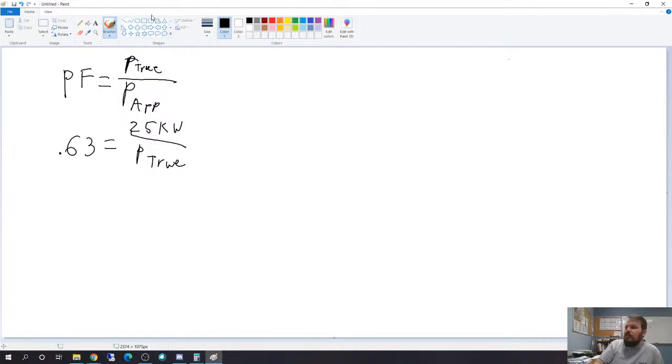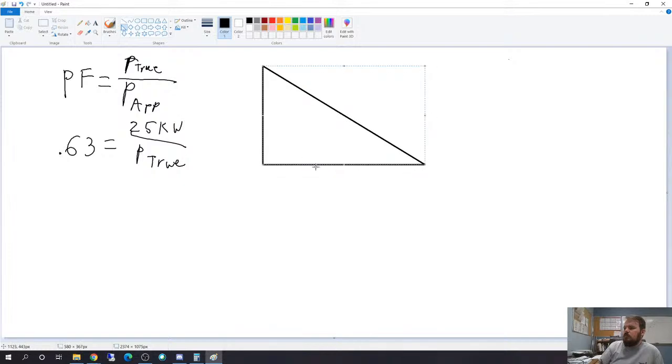So we really have a triangle worked out, with 25,000 on this side. We don't know this side.